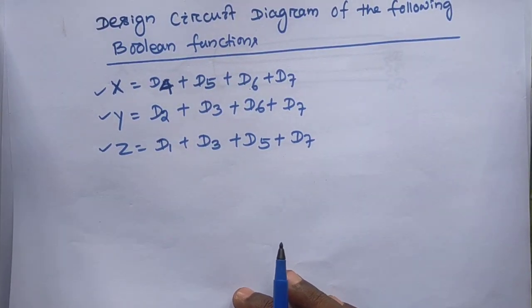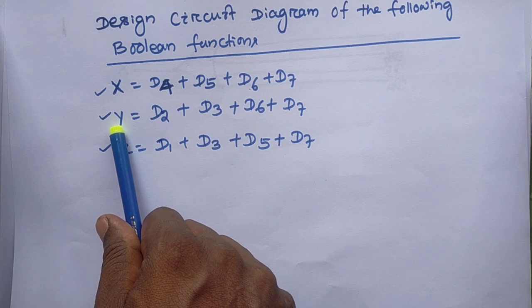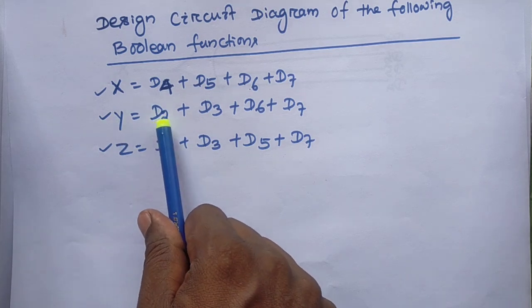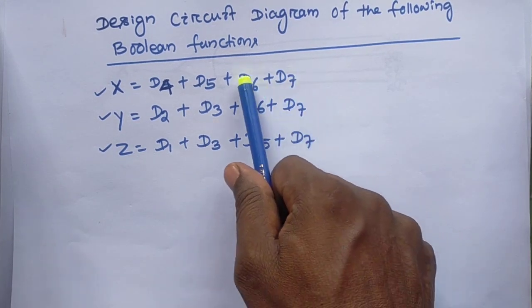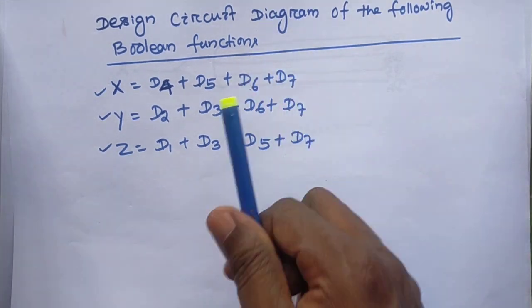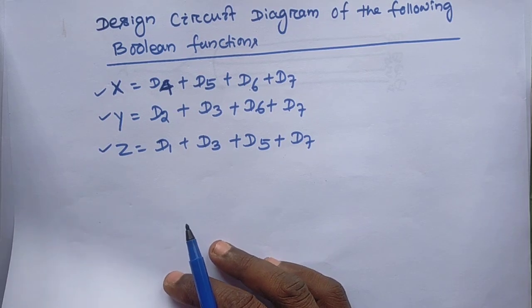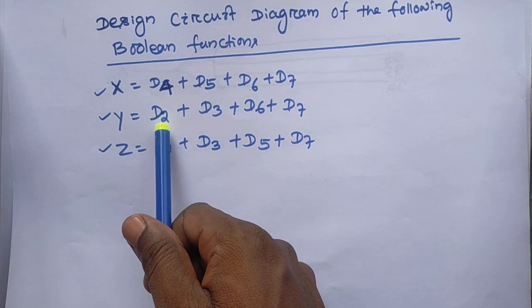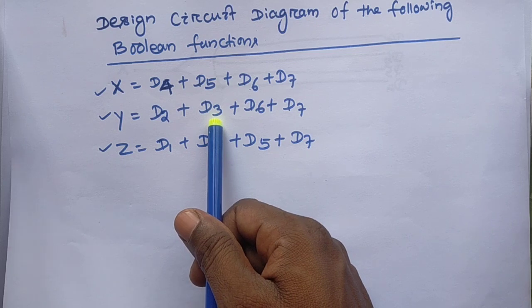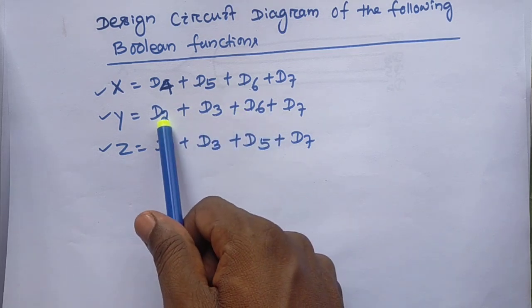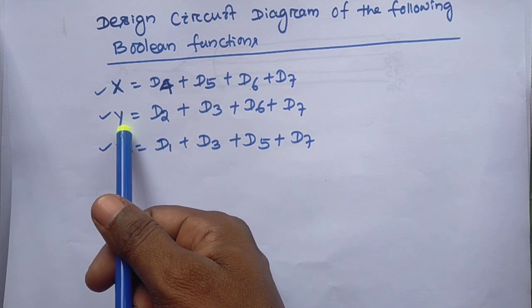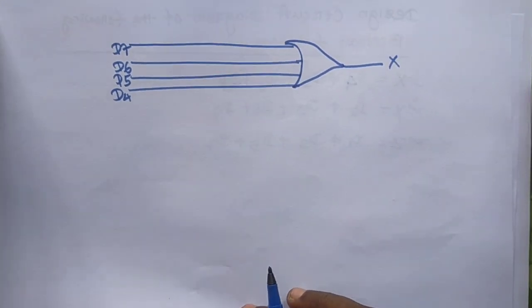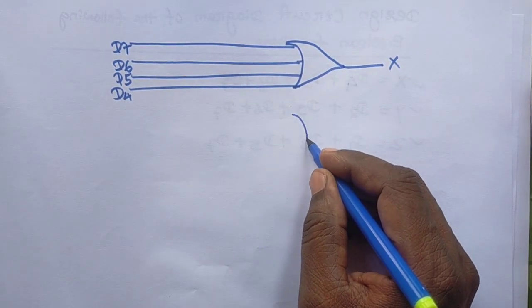Similarly, the Y output depends on D2, D3, D6, D7. D6 and D7 were already made as per the previous logic, so we just add D2 and D3 to make the Y output. We consider a similar OR gate.